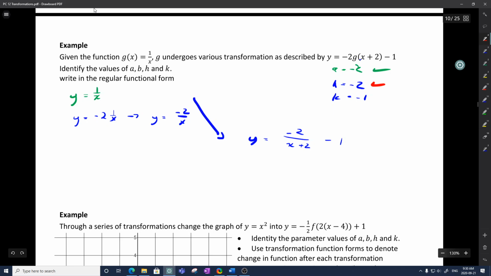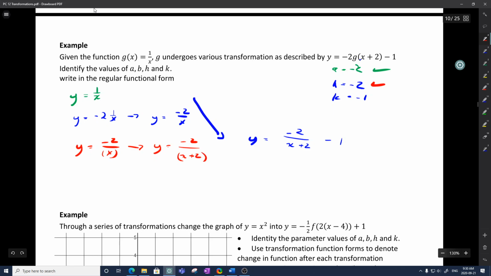Now the h is negative 2, and this is always what happens. So here I'm just going to write this, y is equal to negative 2 over x. And I'm going to put the x for some reason in brackets, but it just helps me with this next step. Remember, I know what to do, but the most important thing is to try to avoid errors.